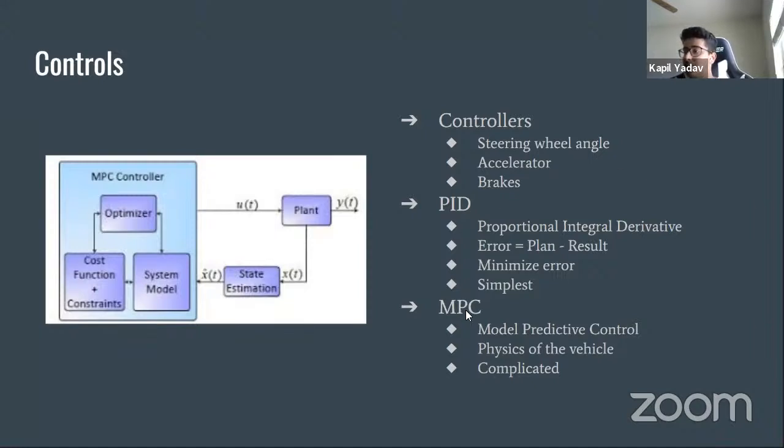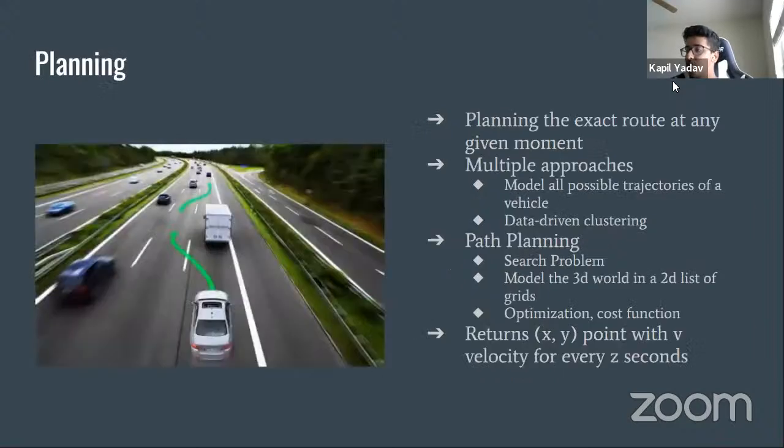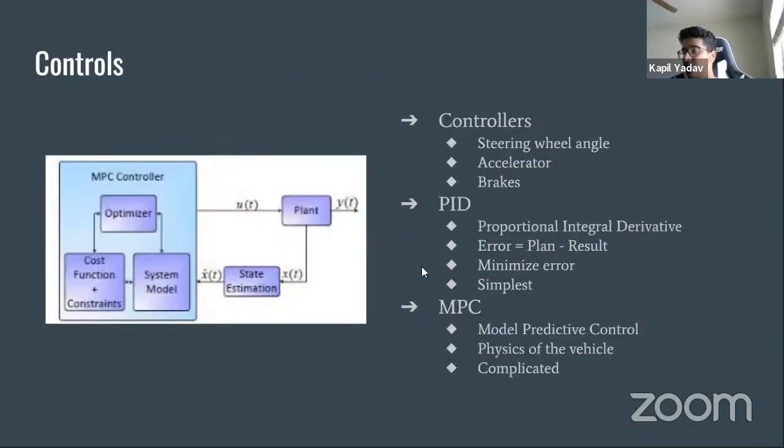Now, PID and MPC are just different types of controllers, and by that I mean different approaches of being able to actually perform the path given by the path planning algorithm. So these are just different approaches.